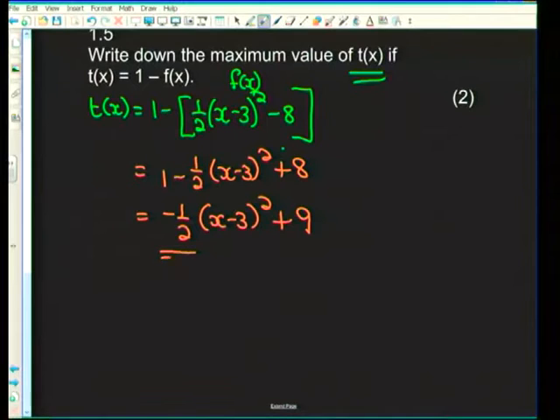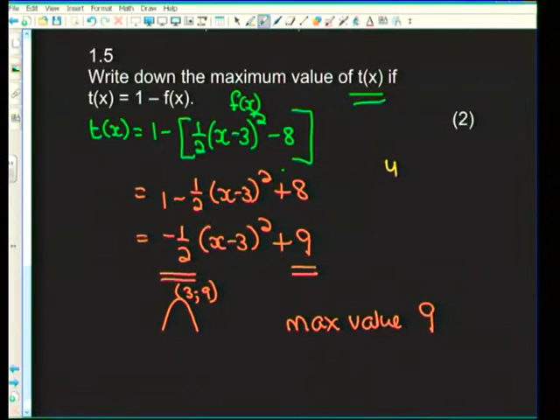This is a sad graph. It will turn like this. And the turning point of this would be 3, 9. Okay, so the maximum value, the most the y can be, is 9, because that is the y value of the turning point. Okay, so we've got it clear. The other ways we could have thought it through, I'm going to mention it to you for those of you that are feeling more confident.